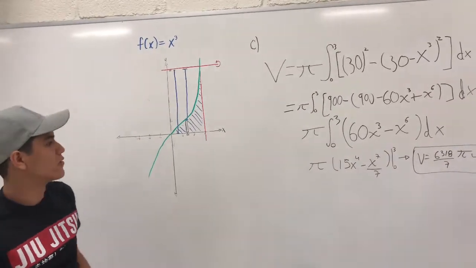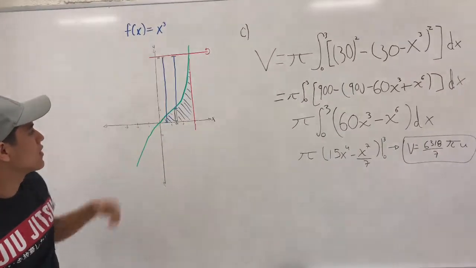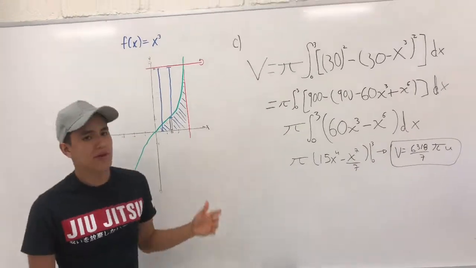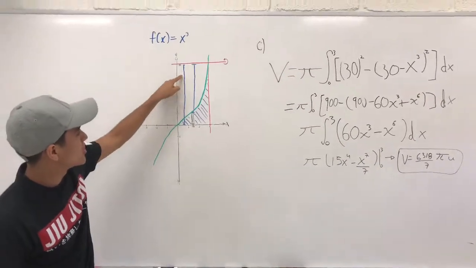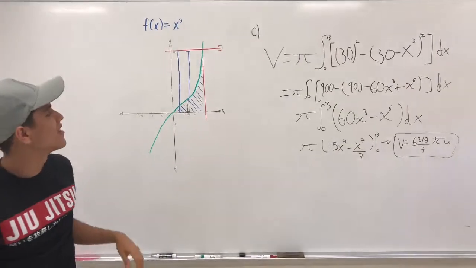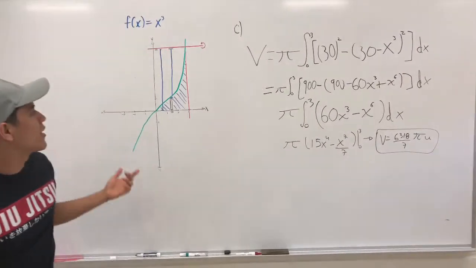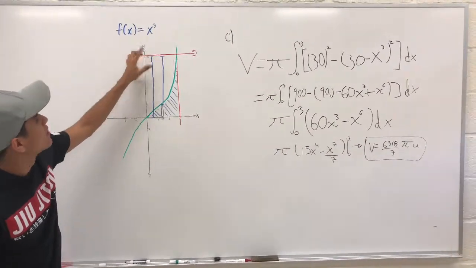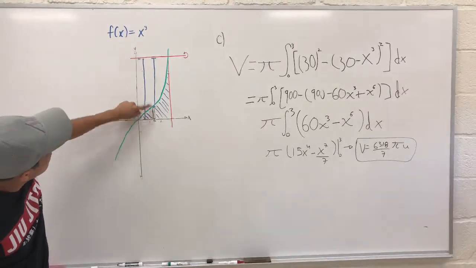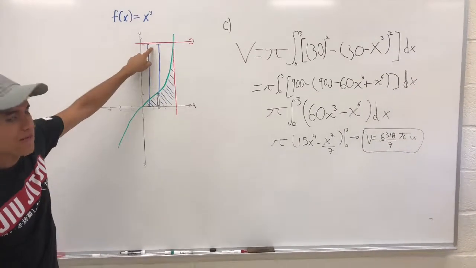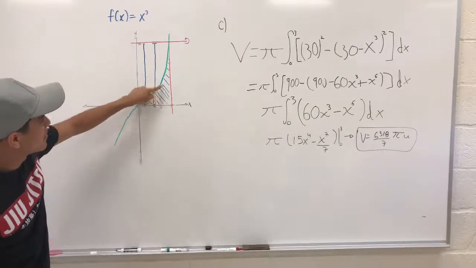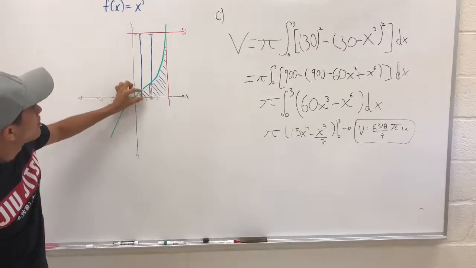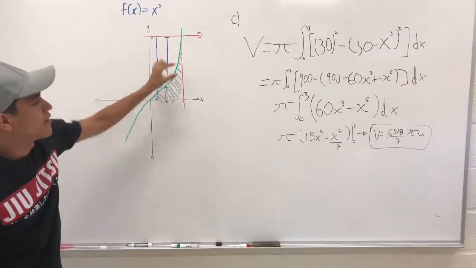In order to take this volume, we again subtract the big radius, which is 30 in this case, minus the small radius, which is 30 minus the function, which will be this. So this will add up to be only this part.